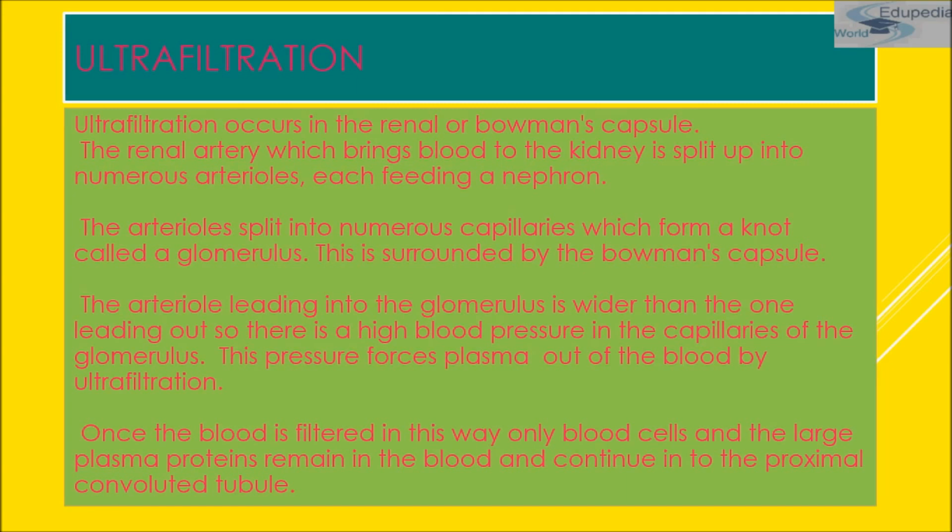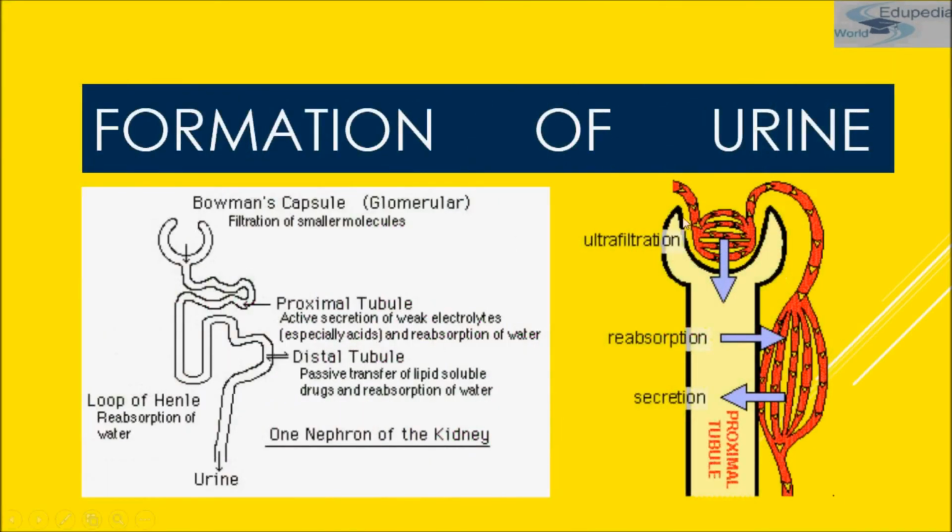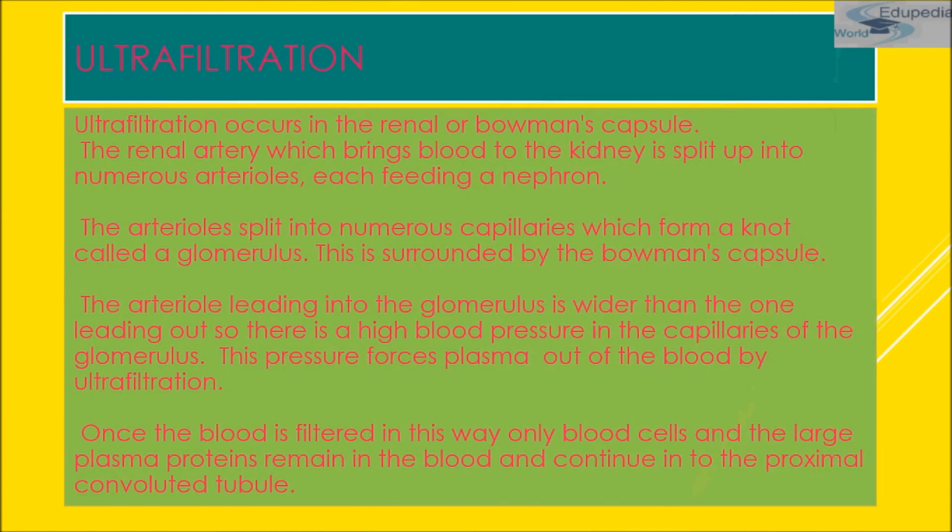The renal artery, which brings blood to the kidney, is split up into numerous arterioles, each feeding a nephron. See, this we call the glomerular apparatus. Now the arterioles split up into numerous capillaries, which form a knot, which we call the glomerulus.